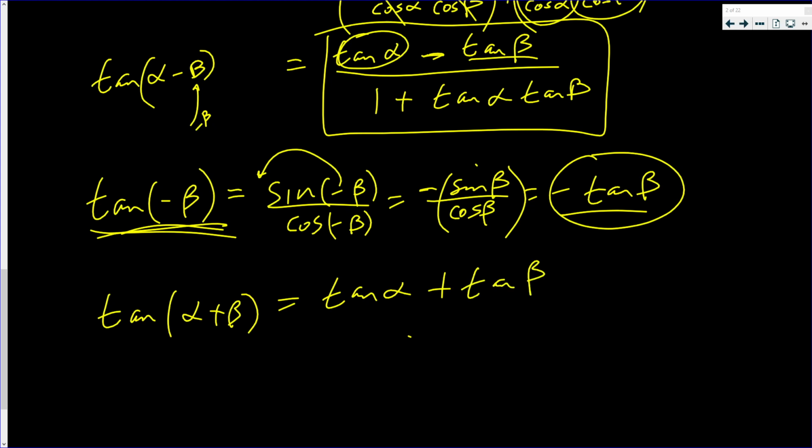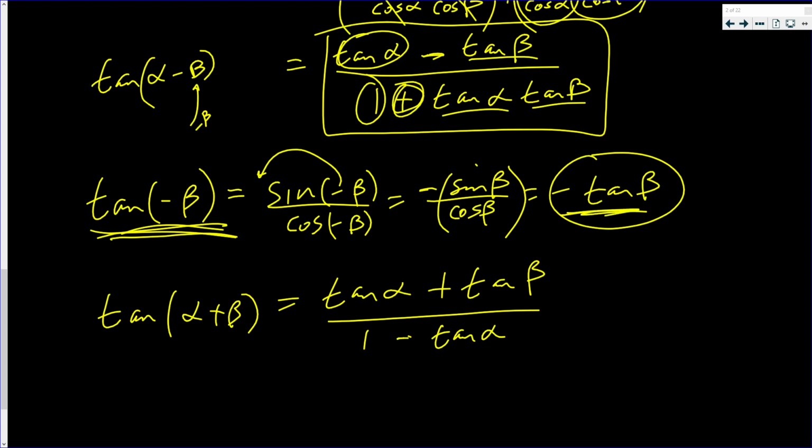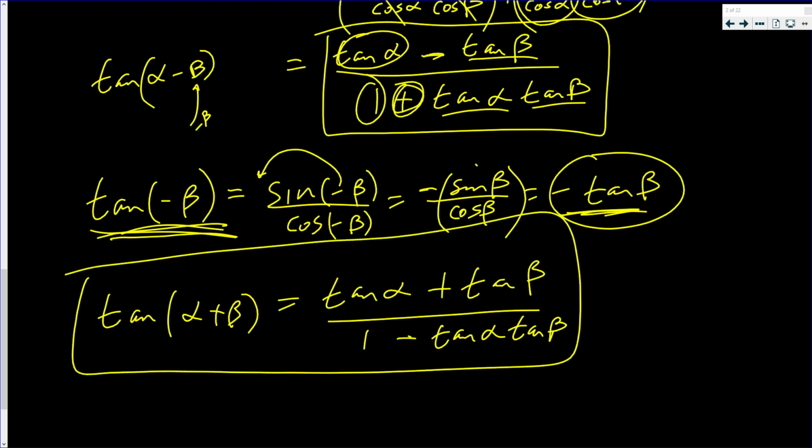Changing that minus sign to positive. Divided by 1. It should be plus. Well, it is plus at this point. Let's see what it ends up with. Tangent of alpha is just that. Oh, the tangent of negative beta. That's negative tangent beta. So there's the tangent sum rule.